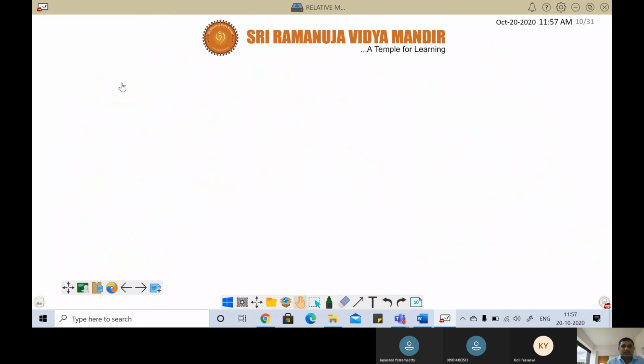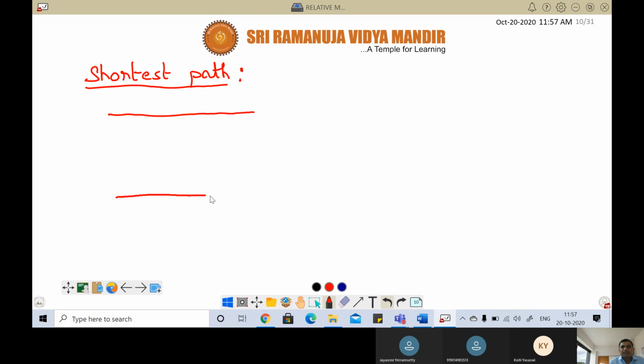Now what is the shortest path? When you want to cross the two parallel lines, what is the shortest path? The perpendicular line. Correct? The perpendicular line is the shortest path. That means finally you should reach here like this.